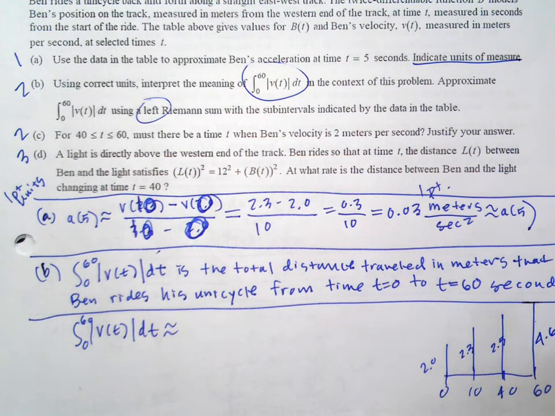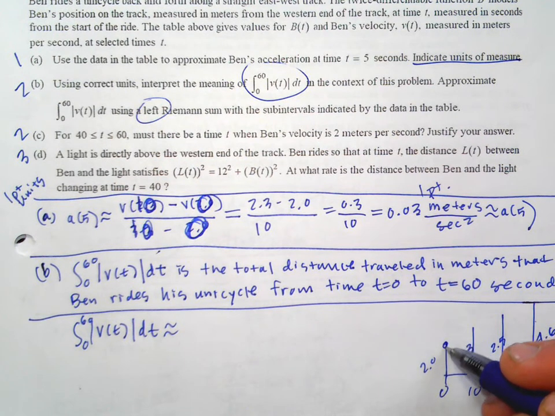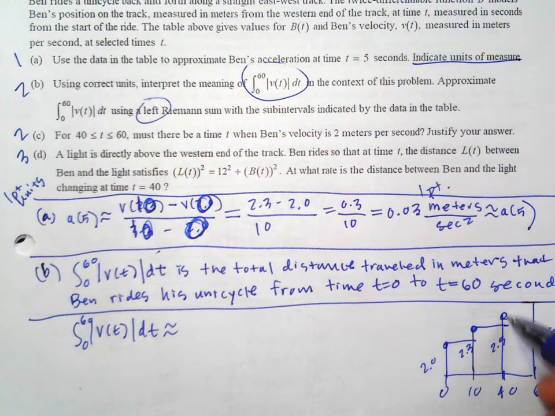And we're doing left Riemann sum. Now, does it say it's positive the whole time? It looks like the velocity is positive the whole time, but I don't think it means it is for sure, unless they told you. So, we're doing left Riemann sum, so we're not going to use this guy. The bases are 10, 30, and 20.